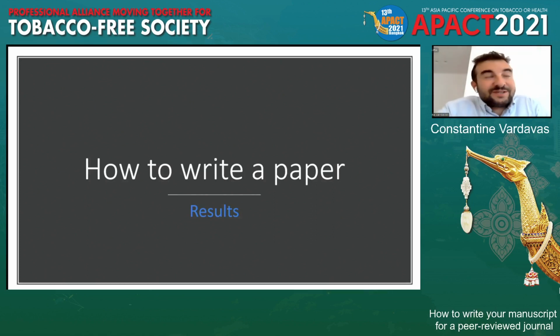So, how to write a paper? The results section. Now, the results section is a relatively easy section to write in a manuscript because a lot of work has already gone into preparing the results before you even start writing. You know the methods, because the methods are what you've been doing and following for the past 1 to 2 years in preparation of collecting data. And this data has then been analyzed and you have the results.